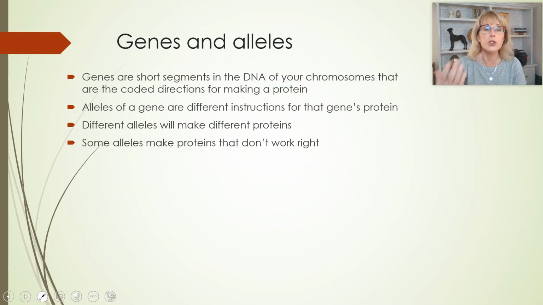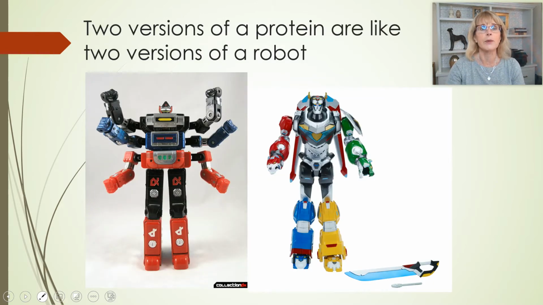But we all have the same genes, we just have different alleles of those genes, okay? Now, some alleles make proteins that don't work right at all, and others have proteins that work a little too extra good. Those subtleties are going to be part of your SymBio lab.